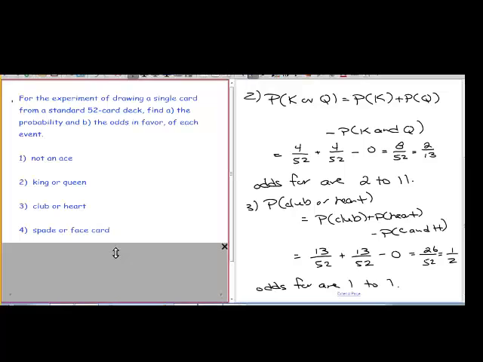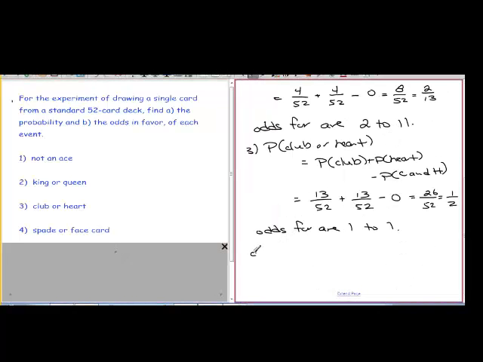Okay, and the last one is where you have some overlap between the two. So a spade can be a face card, or it can be a non-face card. So we'll do this one.